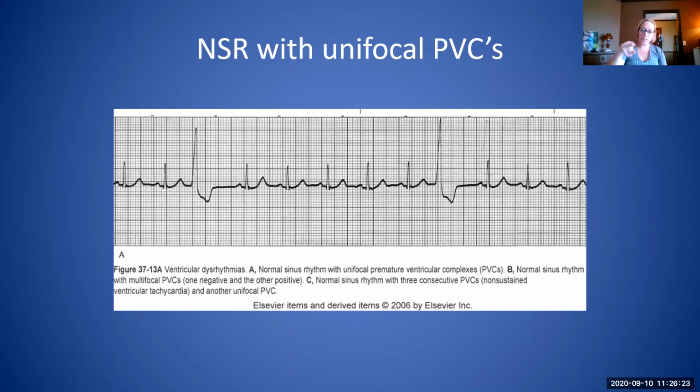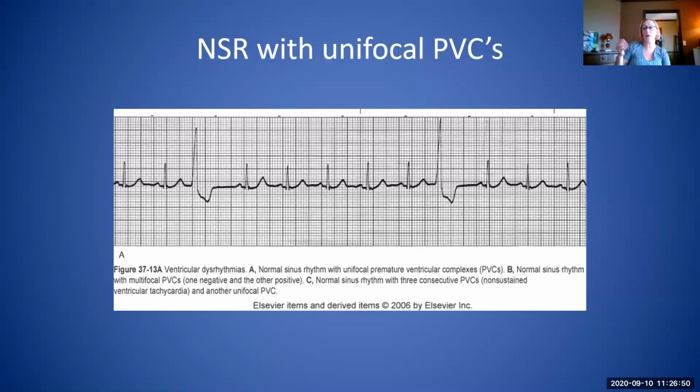So these would be considered a unifocal PVC. And a PAC, the only difference, when you look at your PVC, it's a wider, usually bigger complex, and the PACs basically look just like the normal QRS in the patient's rhythm, except it's closer and occurs before the next beat.